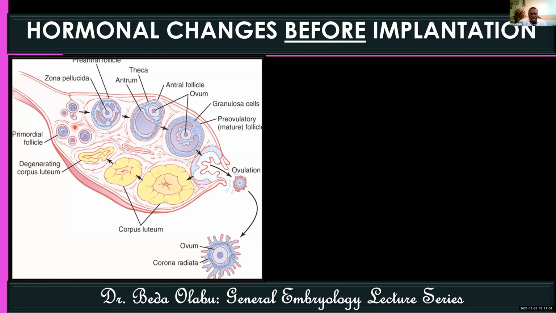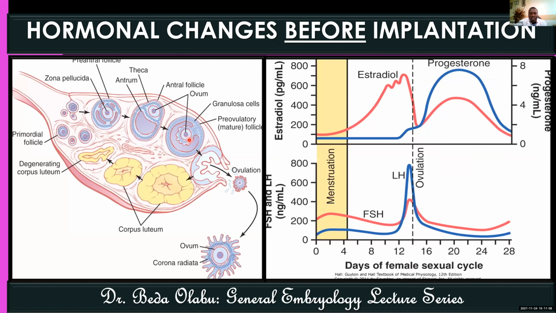During the follicular phase of the ovary, the levels of estrogen also rise, and so we call that the estrogen phase. It reaches a point when we have a dominant follicle that will then be ovulated.